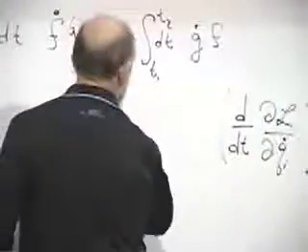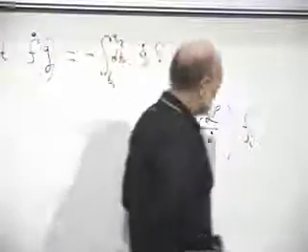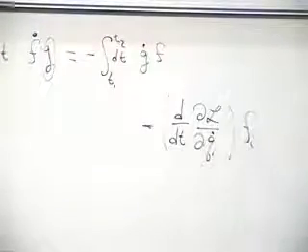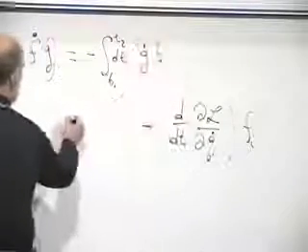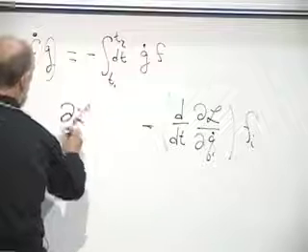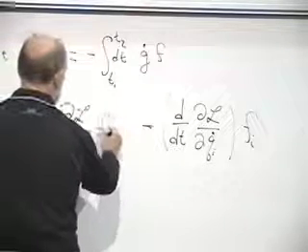Let's write the whole thing down now. This one came in with a minus sign. It's this term. And the first term was just dL by dq, times f sub i.